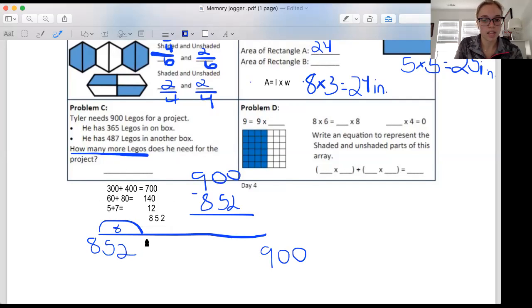That's going to give me 860. And then I can count up to see how many 10s it will take me to get to 900.